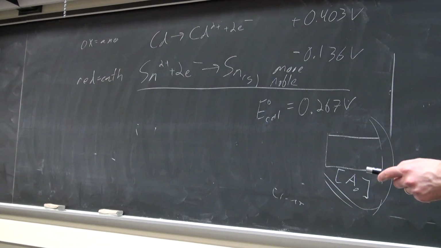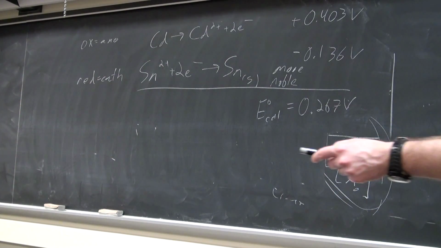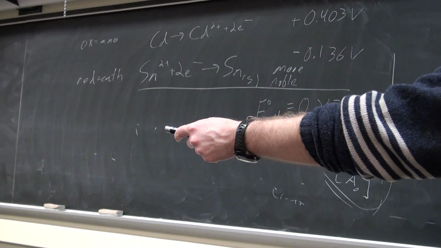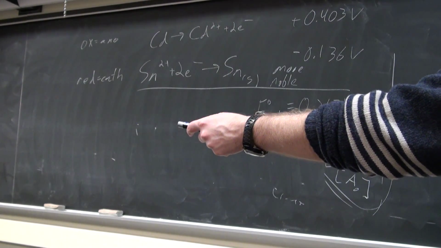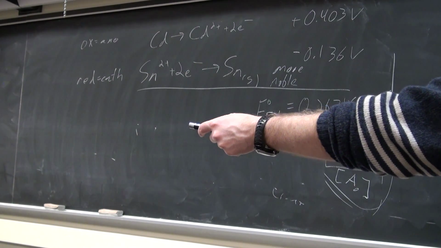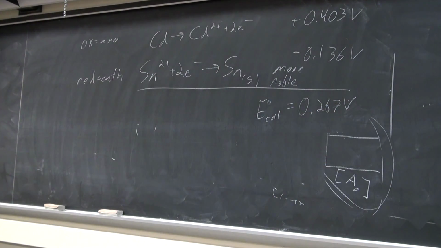So we just sum them up and we get that. Or we can use this formula. E0 cell is E0 reduction of the cathode minus E0 reduction of the anode. So we change the sign and we subtract them and we get the same result.